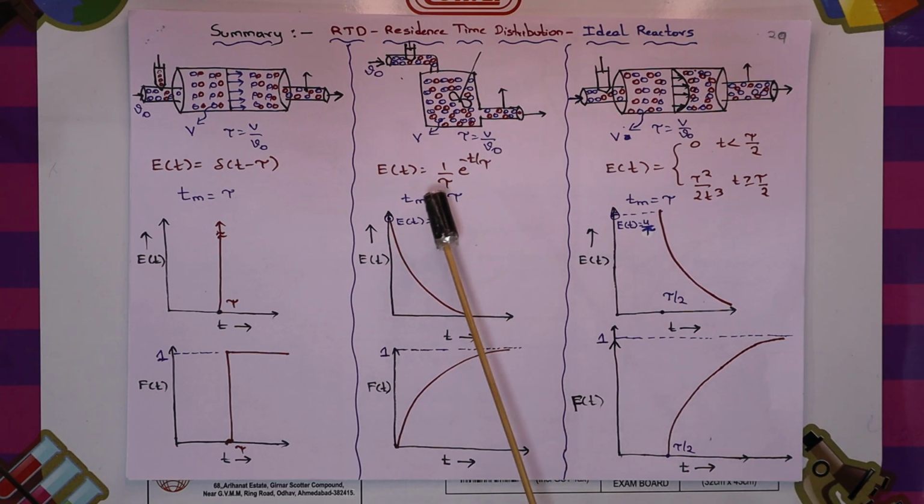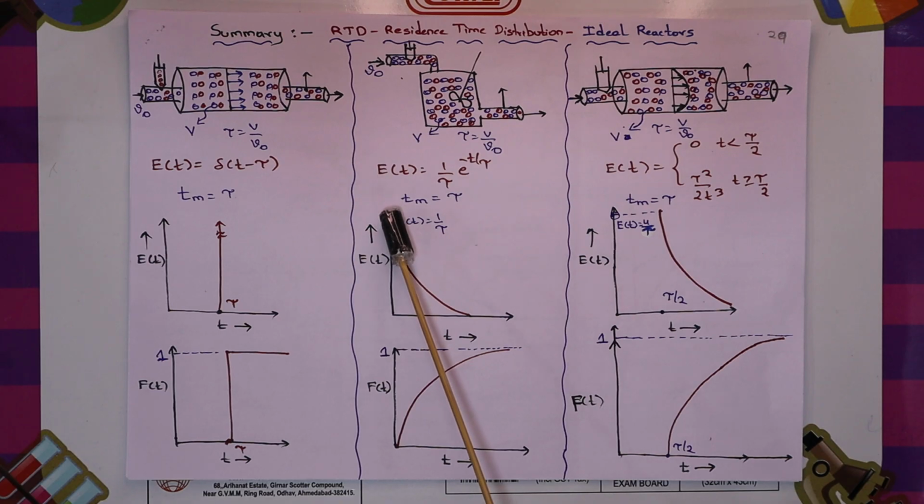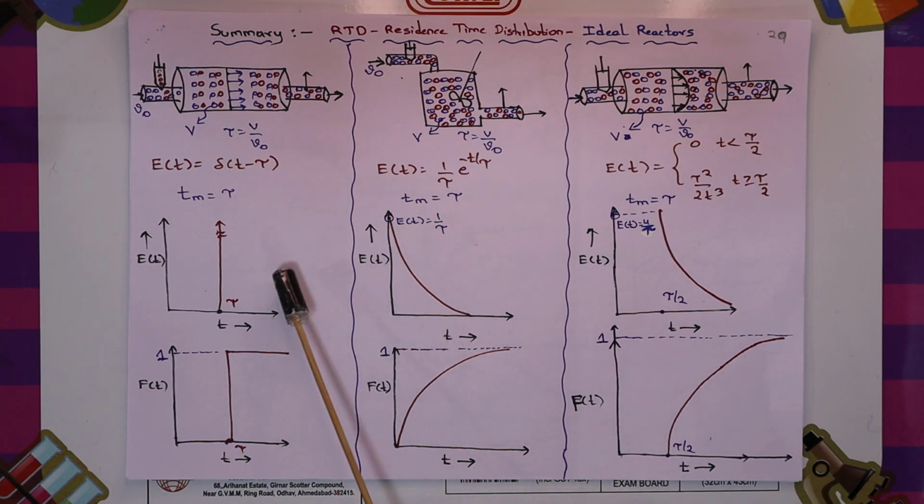We have already proved through tracer curve experiments that the mean residence time is equal to the space time of the reactor. The point which touches the y-axis is nothing but 1 by tau. You can see the difference between the CSTR and PFR.